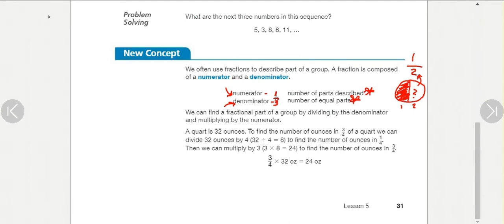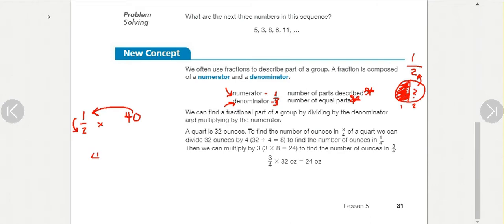We can find the fraction of a group, for example, half of 40. I multiply this 40 by the top, or the numerator, and then I divide by this 2, the denominator.